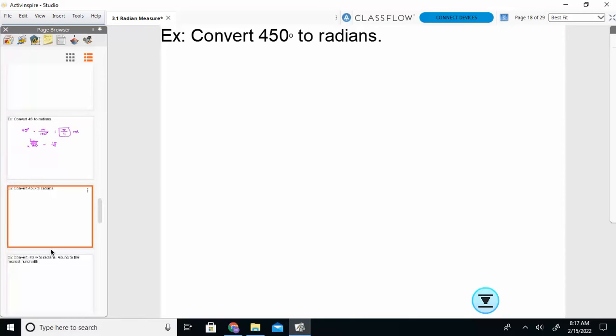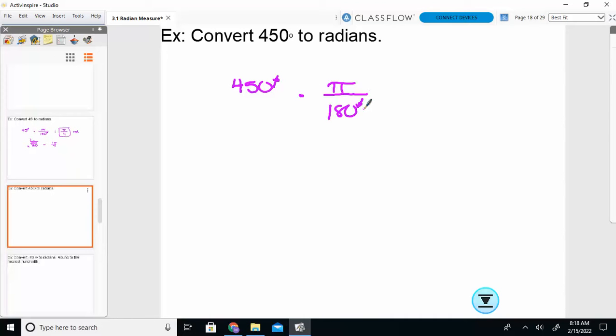So let's change 450 degrees to radians. What would I multiply by? Pi over 180, we want the degrees to cancel, so it goes on the bottom.